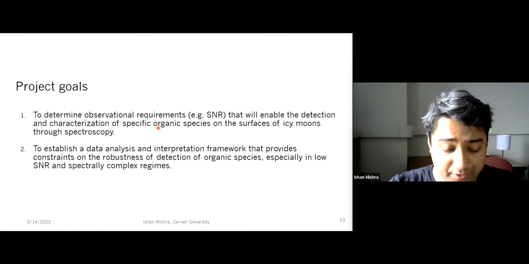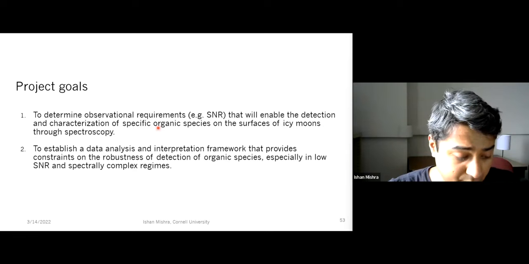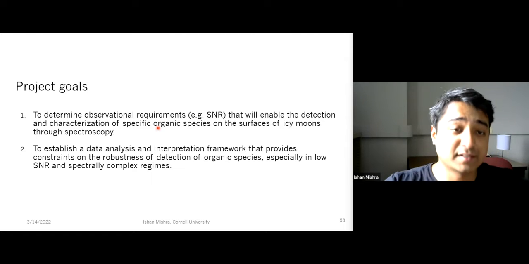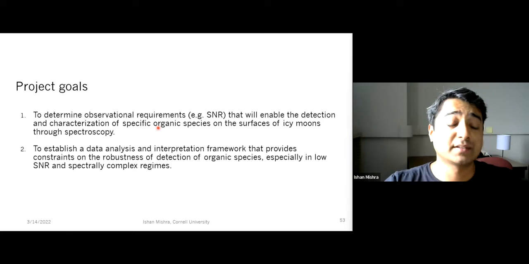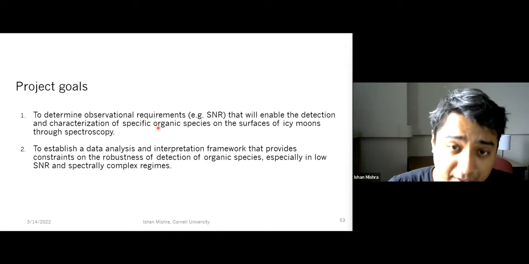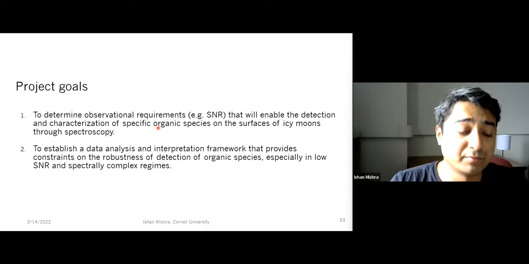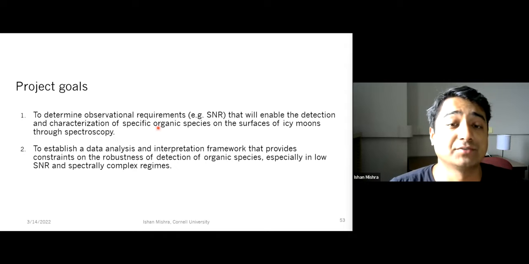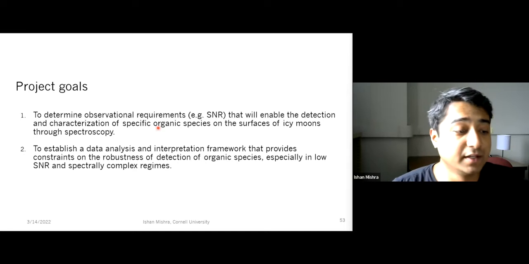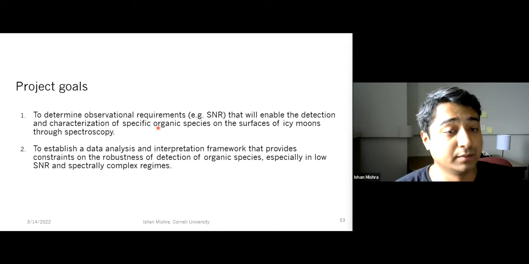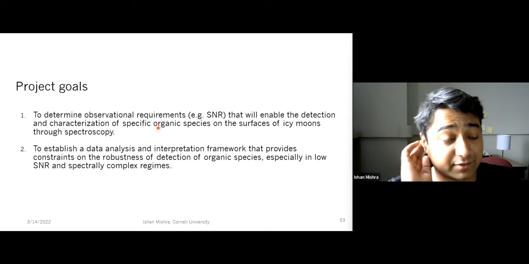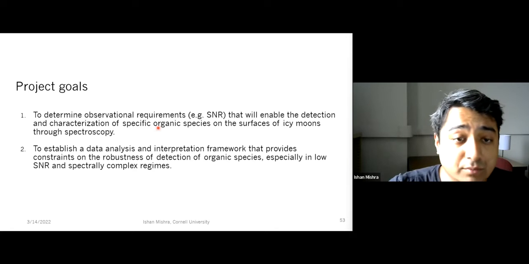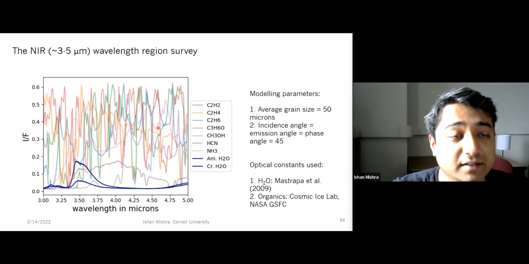And then also in the process, get started with an established data analysis and interpretation framework, with which we can systematically identify a class of organic or a particular organic species in low SNR and spectrally complex regimes. So more details about this in the coming slides.